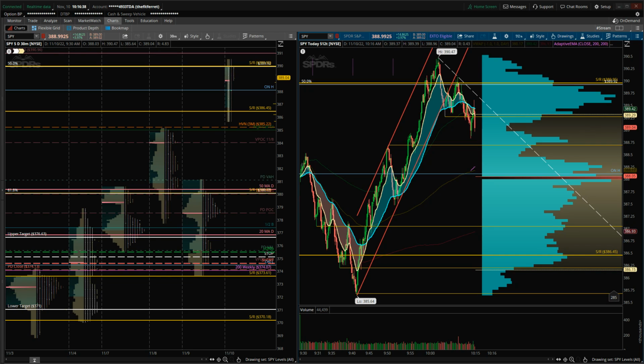Intriguing. Ooh, so that looks like that was a stop run play. They were trying to get the weak shorts out.